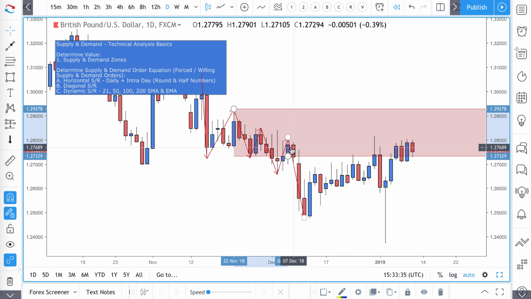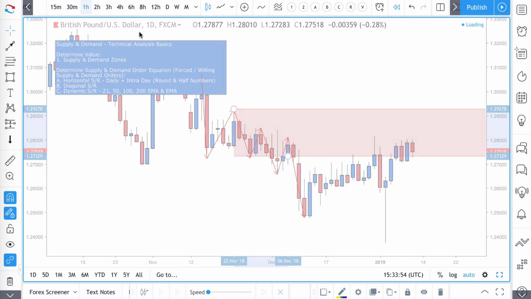So as we have this wide area of supply, what I do is look to intraday levels of support and resistance.